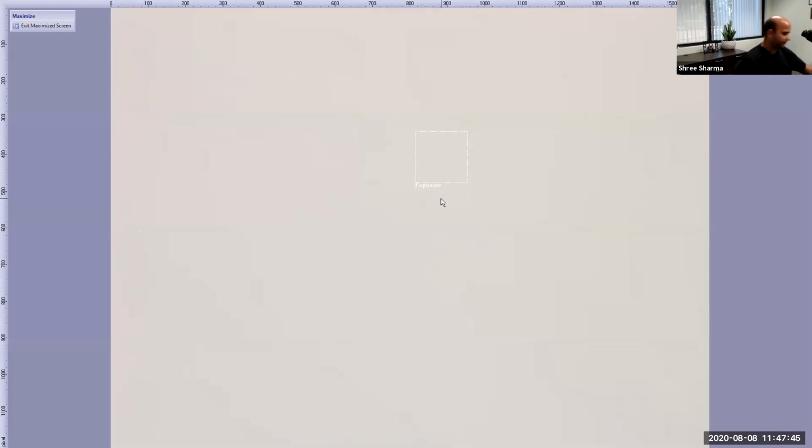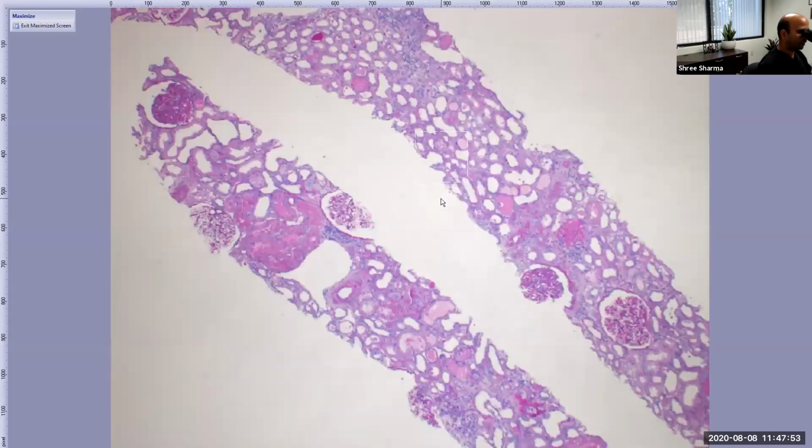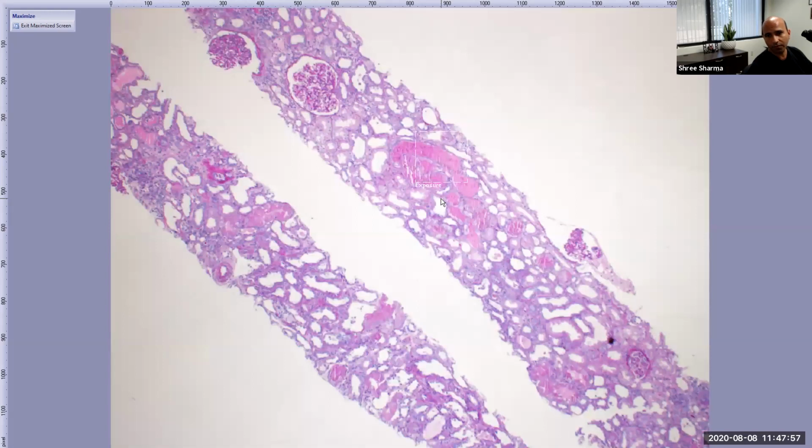And a common question, like the next variant of FSGS, which everyone loves, and this is a favorite exam question also frequently. In other variants of FSGS, on the low power, morphology was not that different, but in this particular variant of FSGS, low power morphology is again very important. This is a PAS stain.